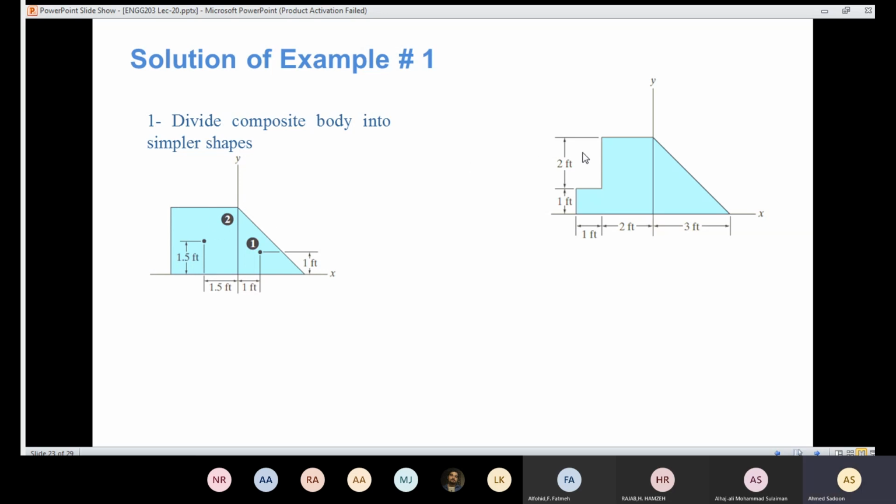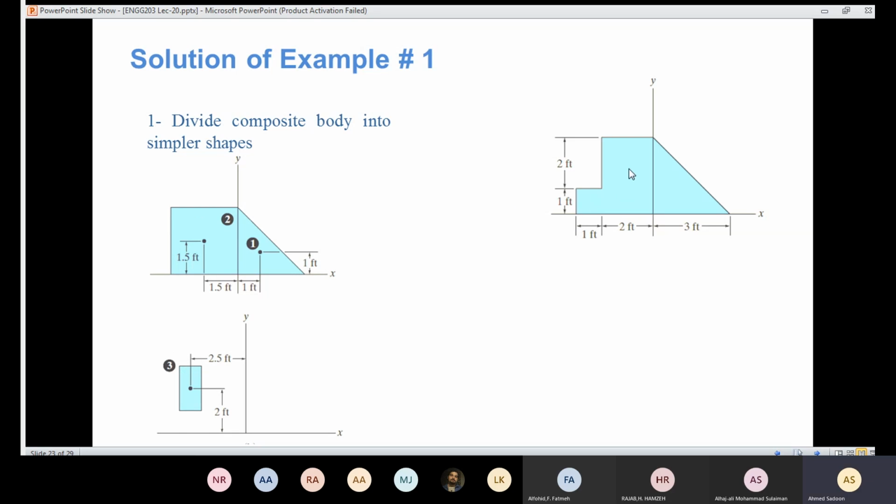But here we have a gap, we have a space here. So I need to subtract that part. So I'm going to create a new part, I'm going to call it part 3. But for that part, the area is going to be negative because I need to subtract that area from here.